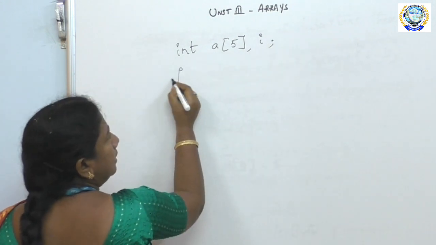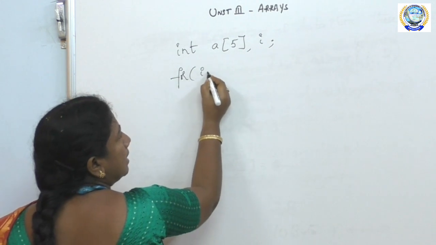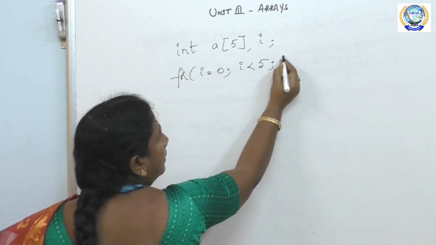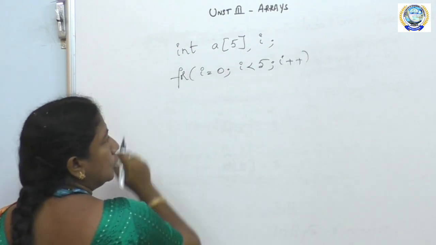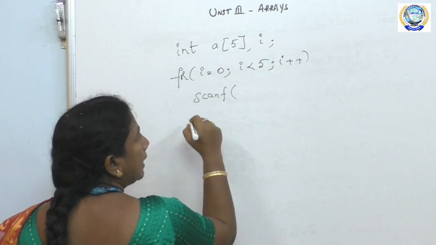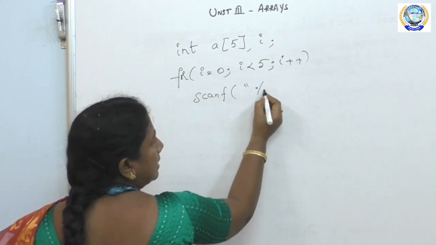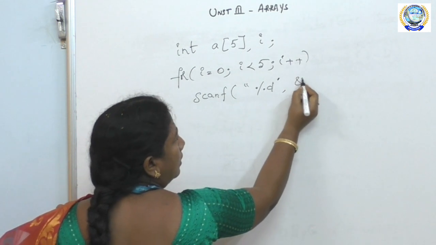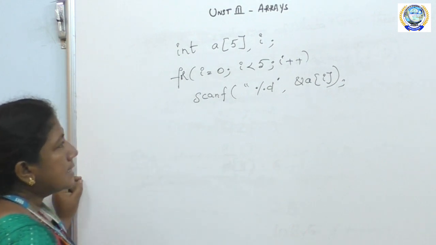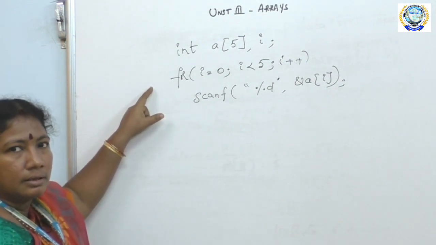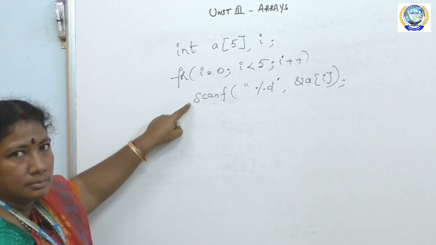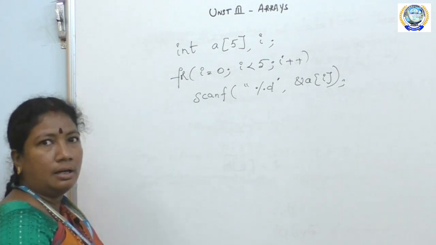Using the looping structure for i = 0, i < 5, i++, we can take the input to the array elements, that is scanf("%d", &a[i]). So, this is reading the elements into the array by using input statement like scanf. So, this is one-dimensional array.